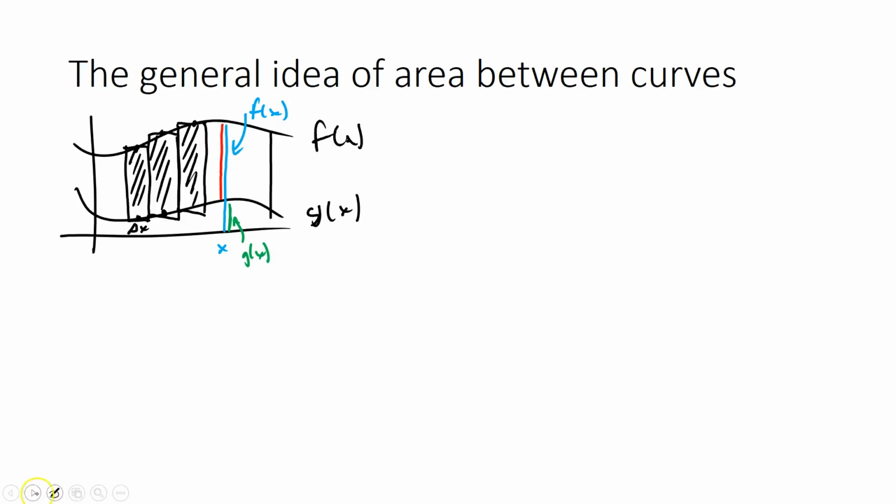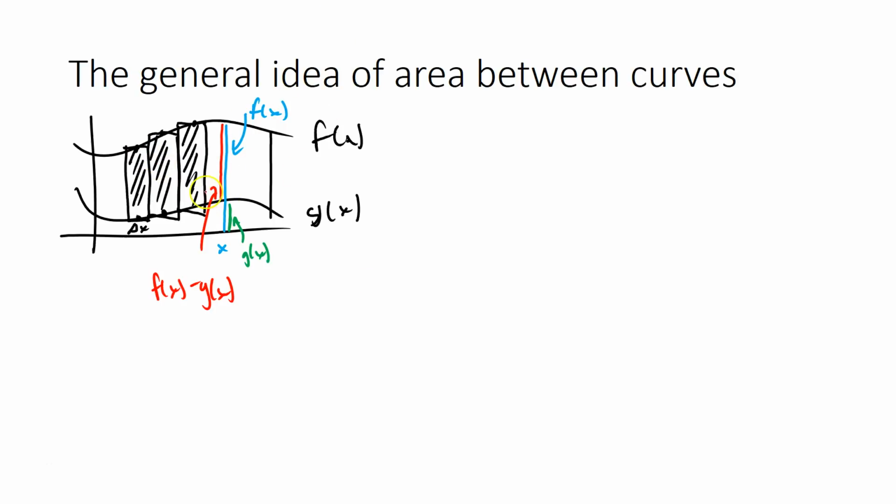So to get the red part there, what I have to do is just subtract g of x from f of x. So it's f of x minus g of x. Right? Because it's the blue line, take away the little green line, that leaves you with the red line. So the height of each one of these rectangles is f of x minus g of x.